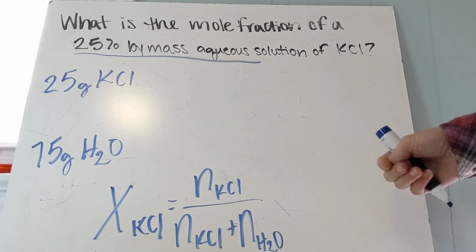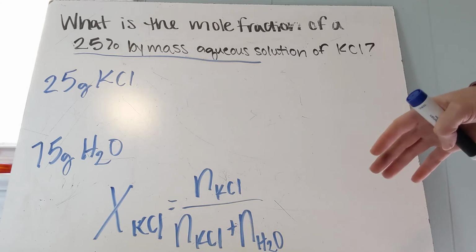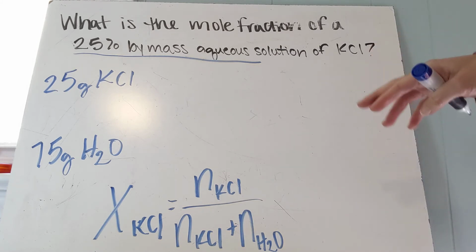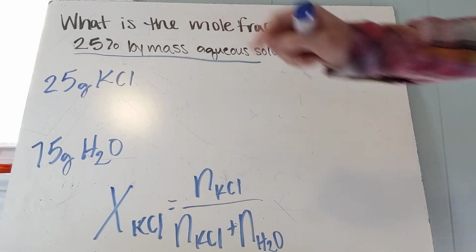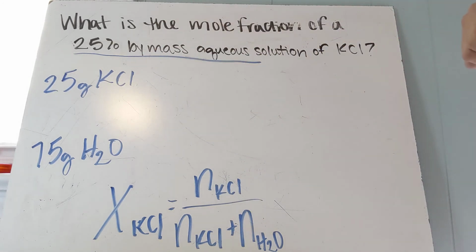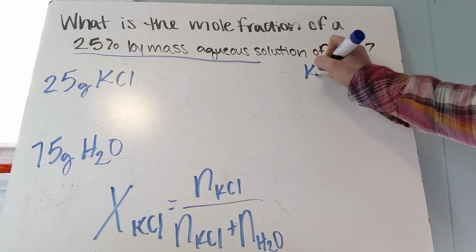But I don't have the number of moles yet. I only have the mass. So I still need to convert both of these to moles. In order to convert KCl to moles, I need to find the molar mass of KCl. So I'm going to do that over here.